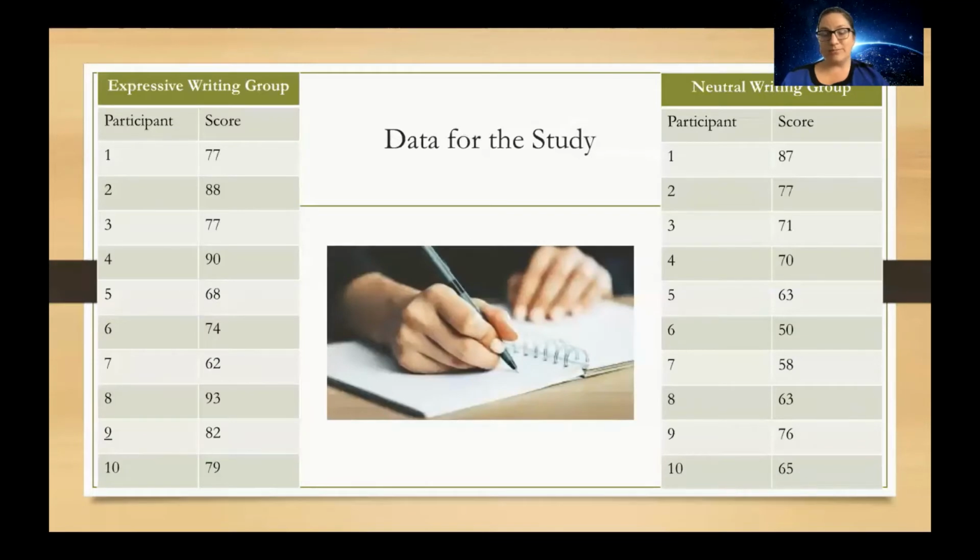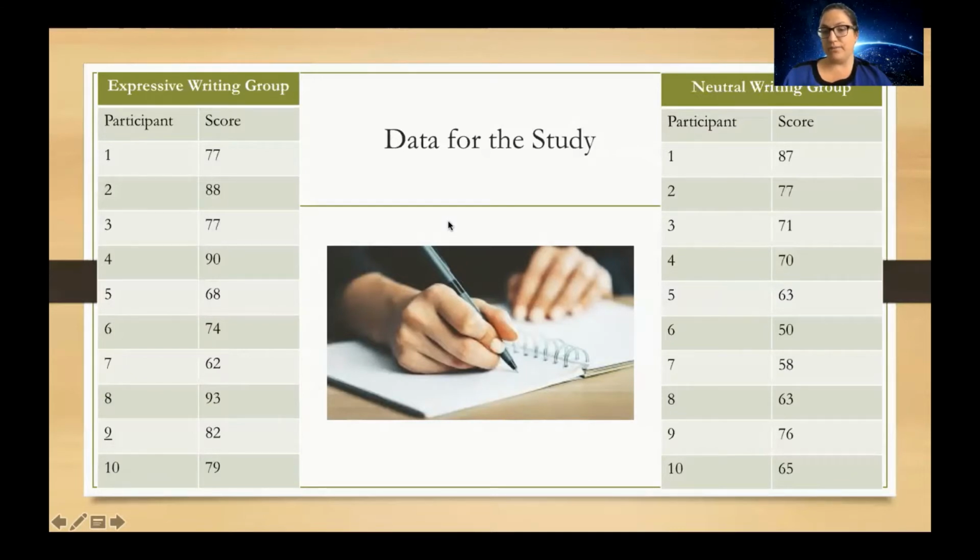Now we're going to present the data for the study. 10 participants were in each group. On the left, we see the expressive writing group, the 10 participants, and the scores they had for their physical health after they received their expressive writing condition. For the neutral writing group, we have all the participants and the scores that they received.